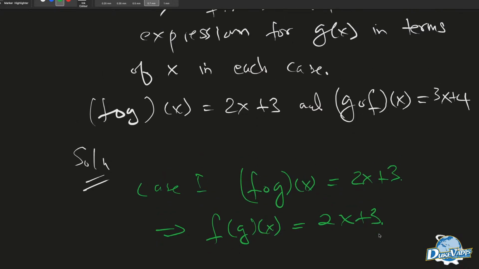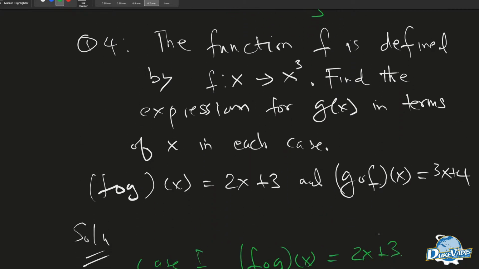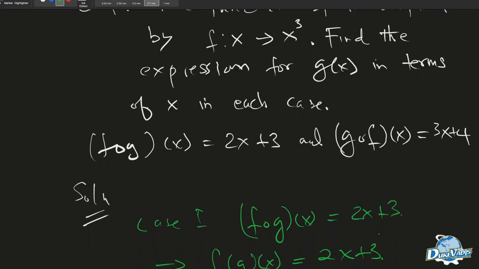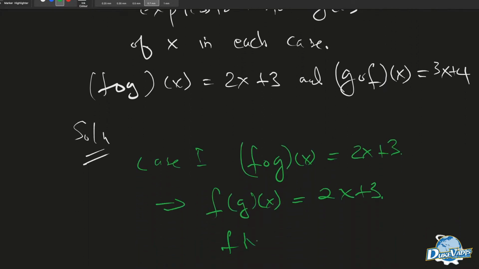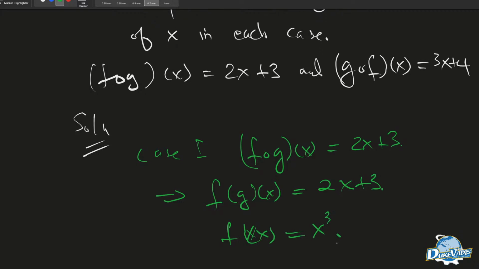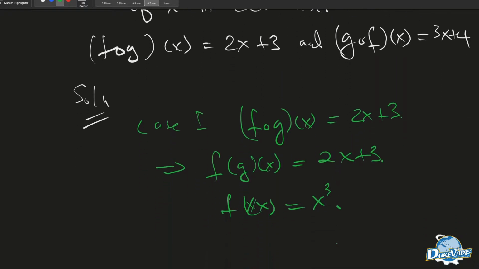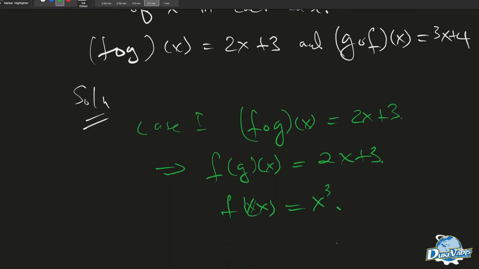So now we know the function f, since we know f of x initially to be equal to x cubed. So we find g of x from each. The function f itself has been given, so we are substituting in the g. If that is the case, we're looking for g of x.